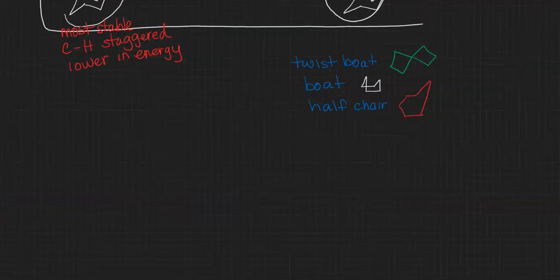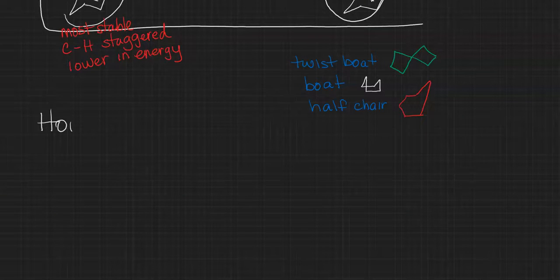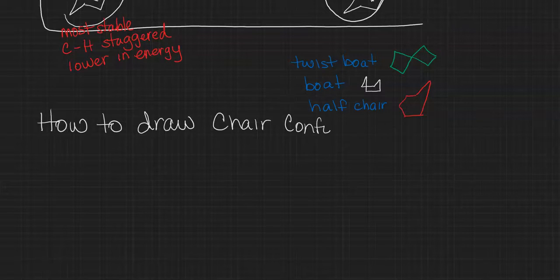So you may be wondering how to draw the chair conformation. You can start with two horizontal lines, one closer to the left, and then we want to go down, and we want to do one kind of closer to the right.